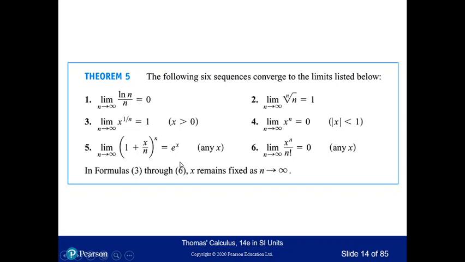Let's get number 5. For 5, we have to use the logarithm. Let's call this y, and take the logarithm. Logarithm y is equal to n logarithm of 1 plus x over n.